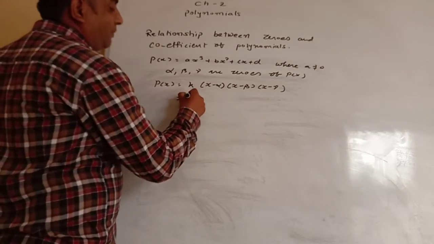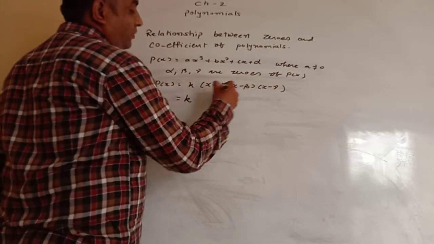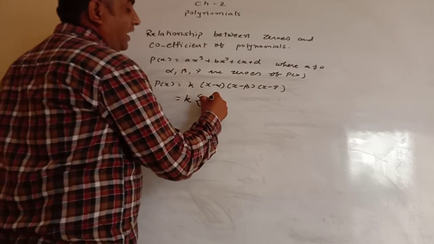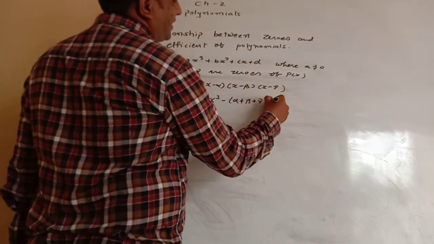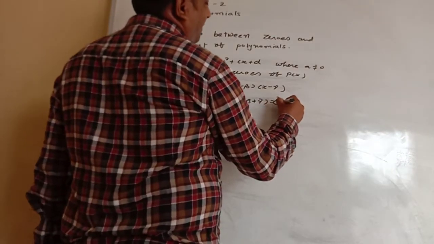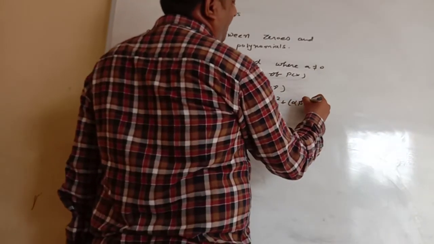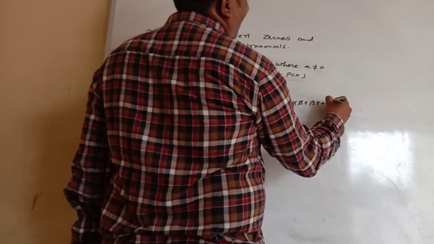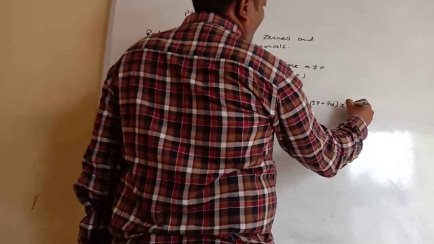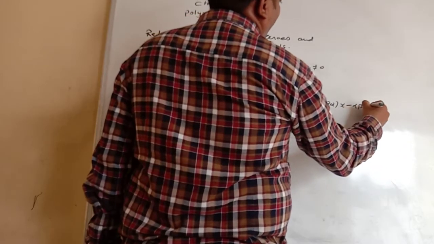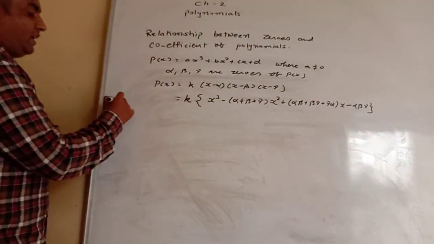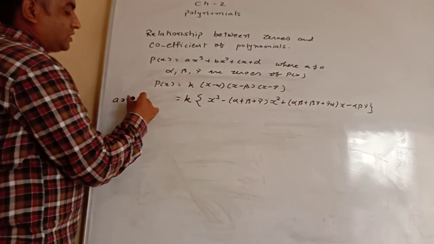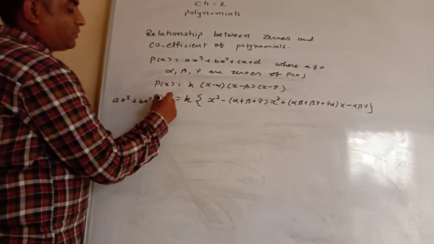Here we simplify this form, then we get x cube minus (alpha plus beta plus gamma) x square plus (alpha beta plus beta gamma plus gamma alpha) x minus alpha beta gamma.